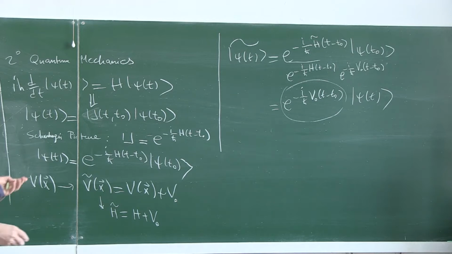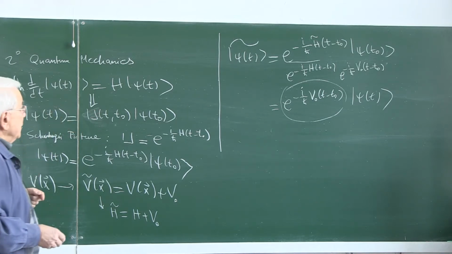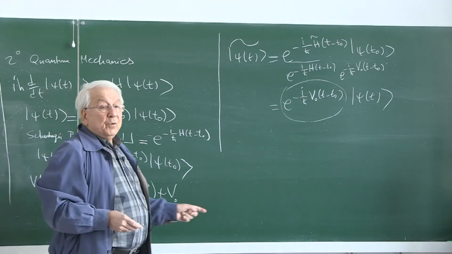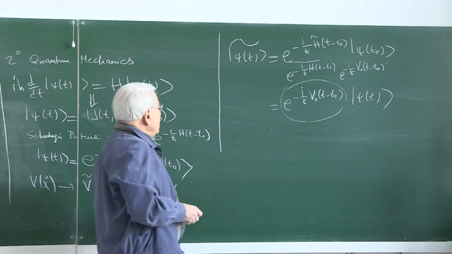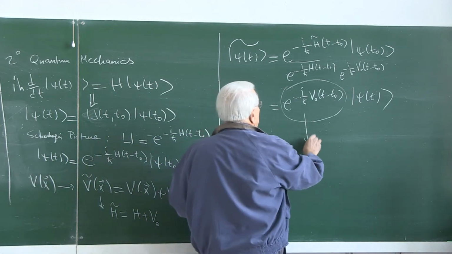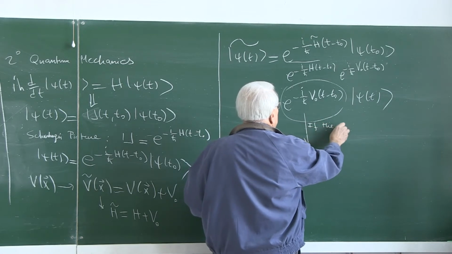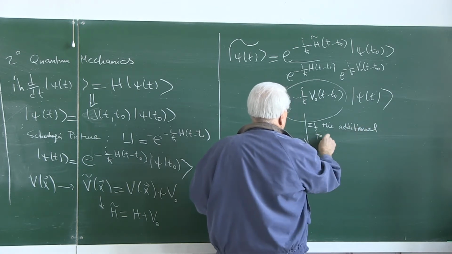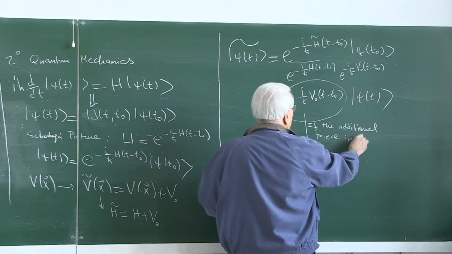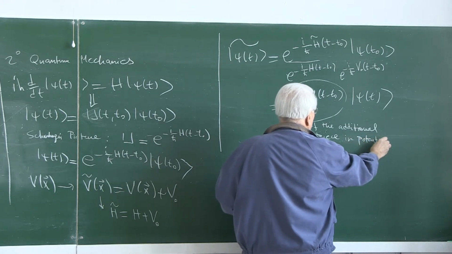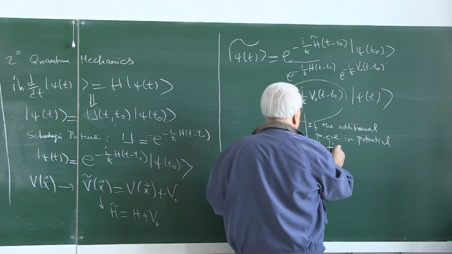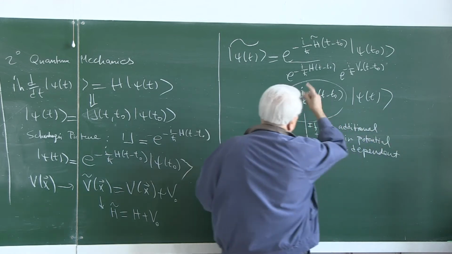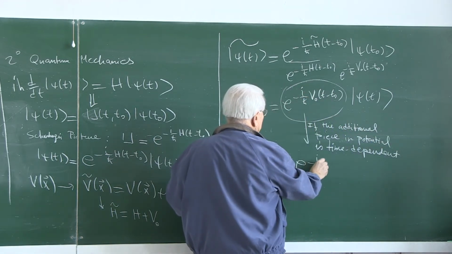Well, of course, as far as quantum mechanics is concerned, it is not only true for the time-independent V0. We could have a time-dependent V as the extra piece. If the additional piece in the potential is time-dependent, you could still use the same argument and replace this by the following.